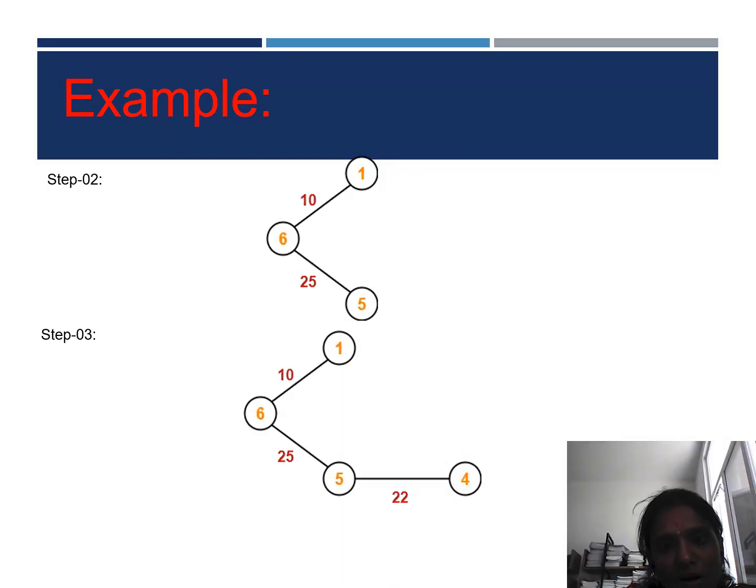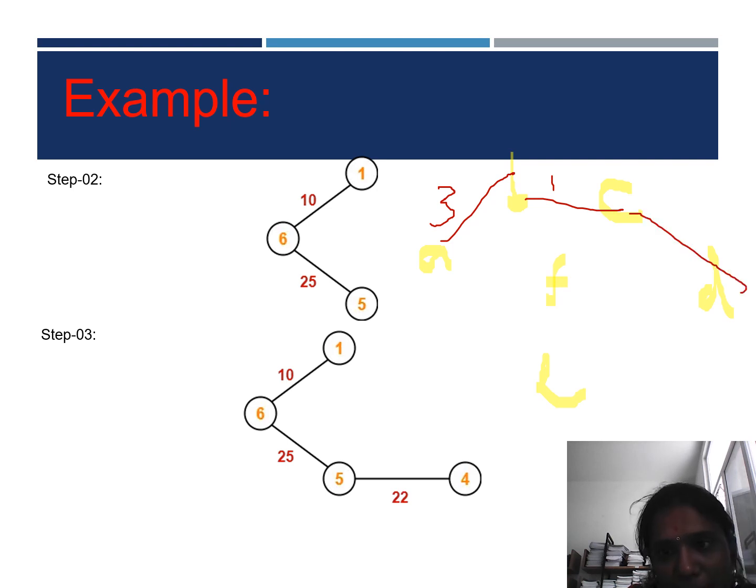In the next step, 25, that is while connecting 6 to 5, 25 is minimum. We can take 6. For example, take a graph with vertices A, B, C, D, F, and E. So the weights, you can take a simple example, are 3, 1, 6, 5, this and this both are 4.